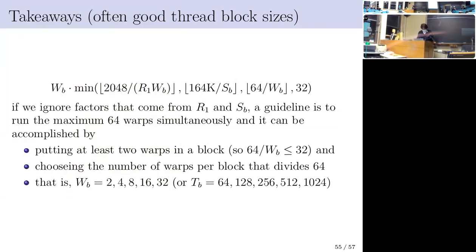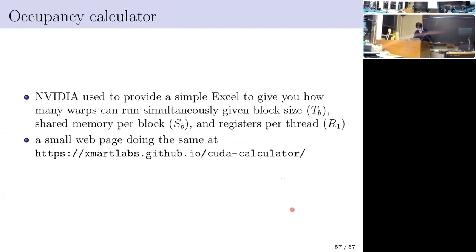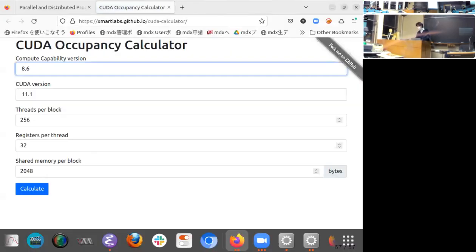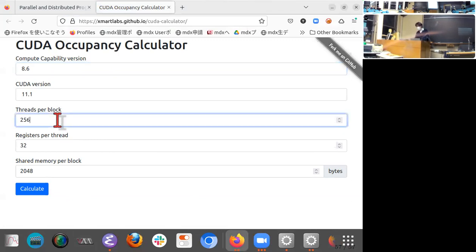All right, so this is the end of this thread block section. By the way, lastly, there's an interesting website that gives you a tool that calculates the number of warps that can run at the same time, given precisely the input that I have just described in the slide.